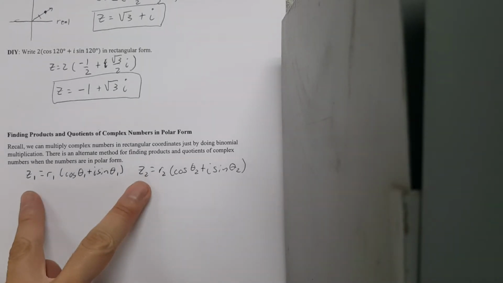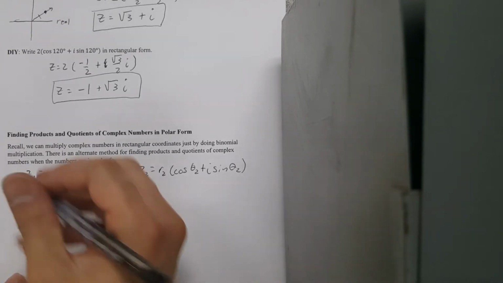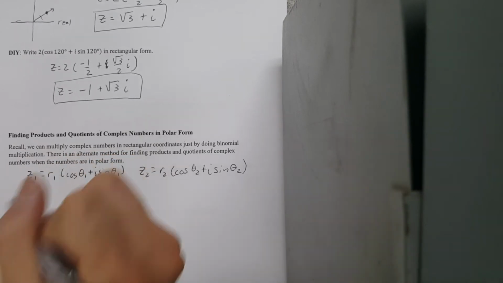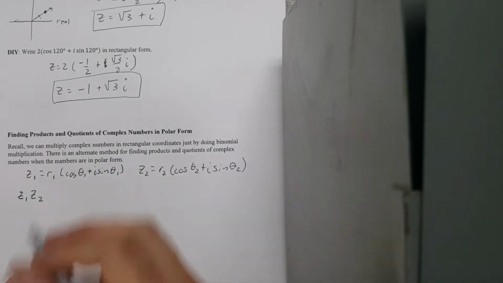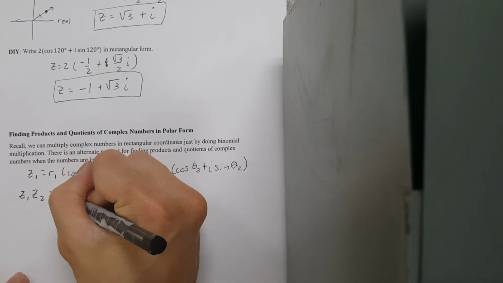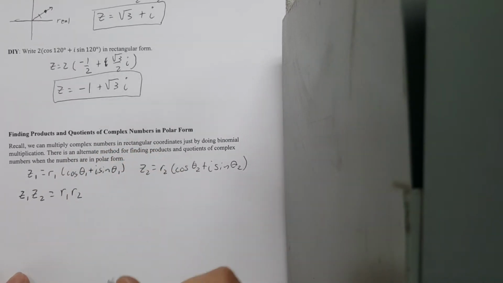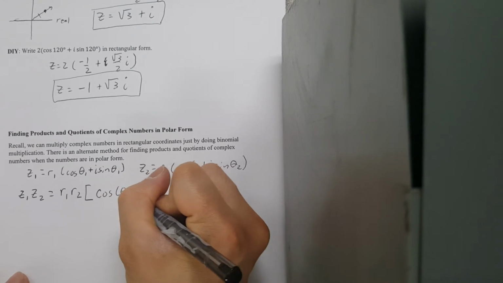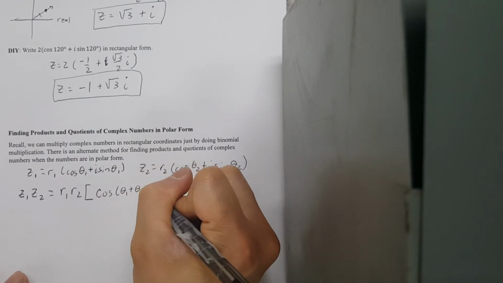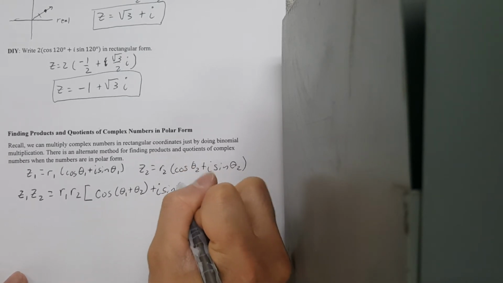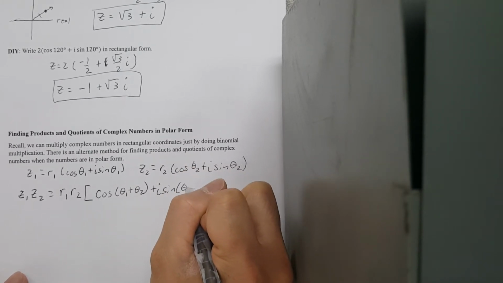This is the rule for multiplying them. If I multiply z1 times z2, or if I multiply two complex numbers together, what you really do is you multiply the r's together. So it's r1 times r2. And then you multiply that by the cosine of the angles added together plus I sine.